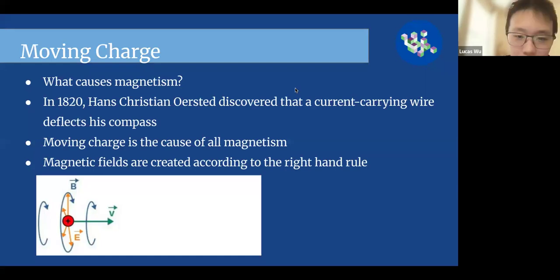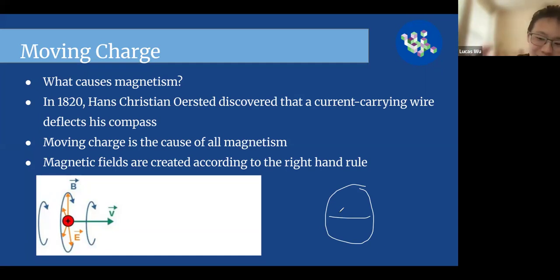Exactly. If I have a spherical magnet, how do I make a magnet? You'll learn that there is something called magnetization. Inside a magnet, it consists of atoms, and they have electrons.